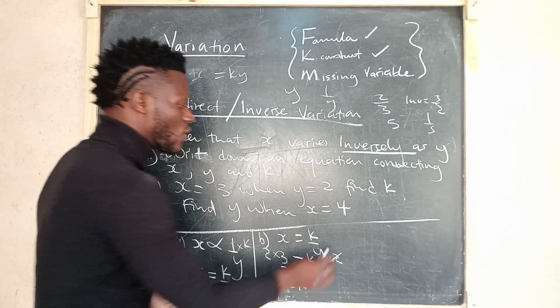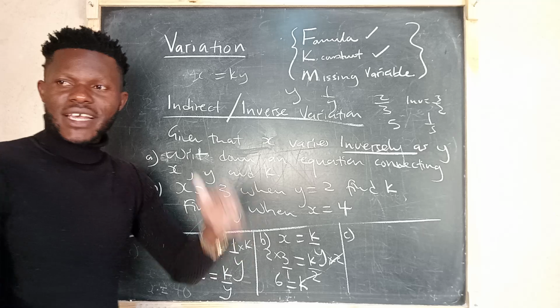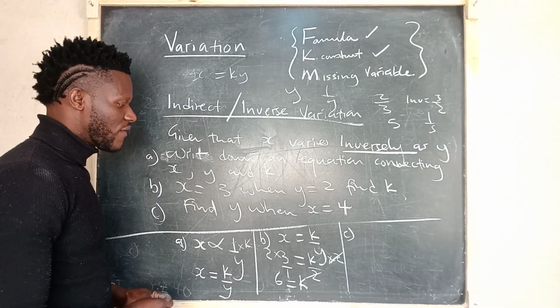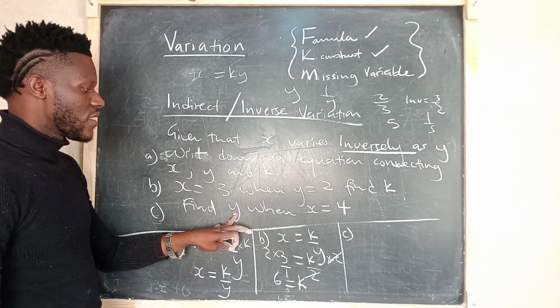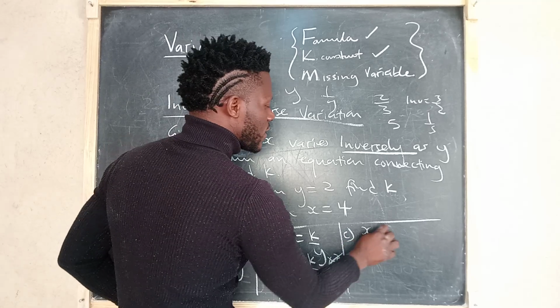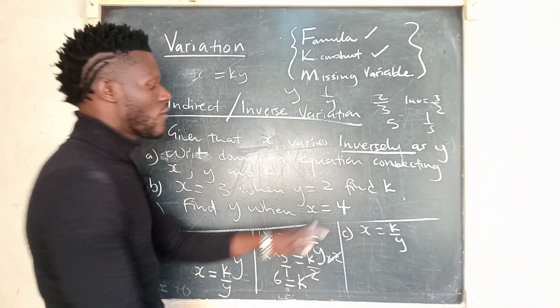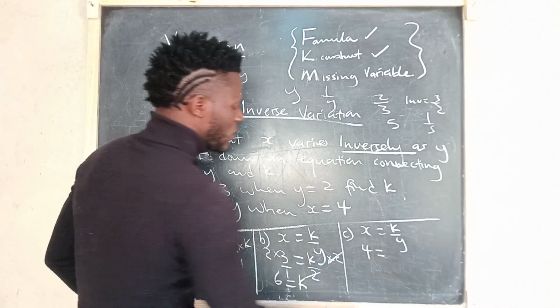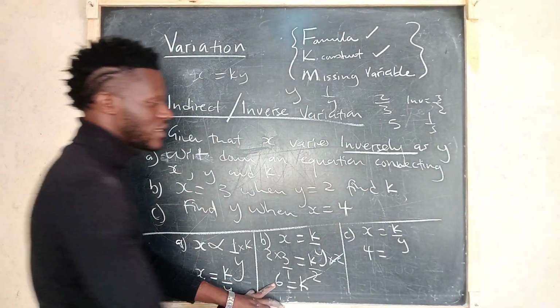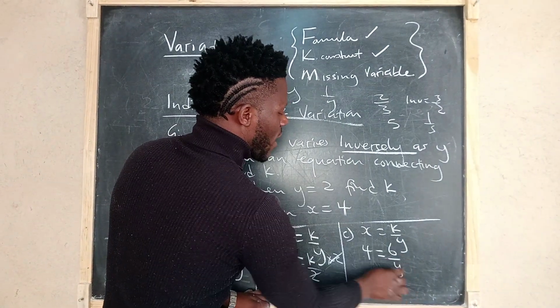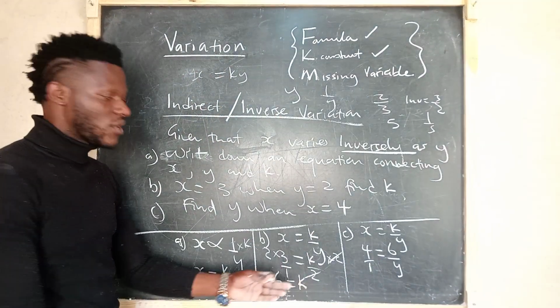That way. And also, of course, in the last part we are still doing the same. We want to find the value of y. We go to the formula x equals k over y. In place of x, x is 4. 4 is equal to, in place of k, we write down 6, then over y, and then we solve the equation.